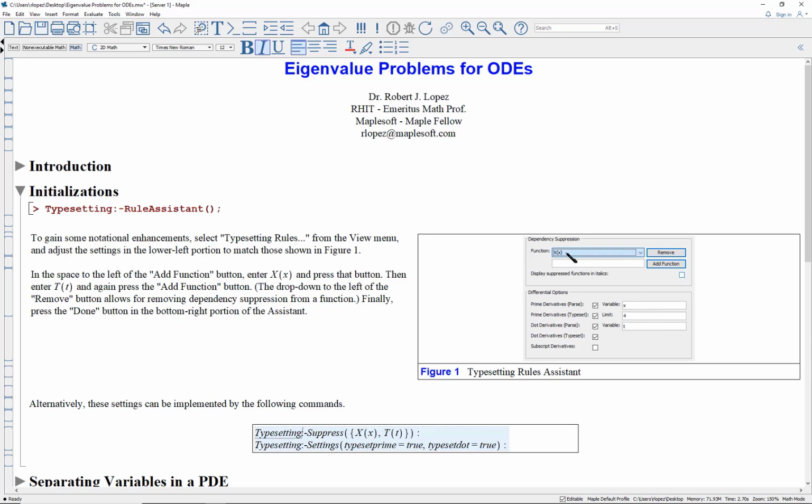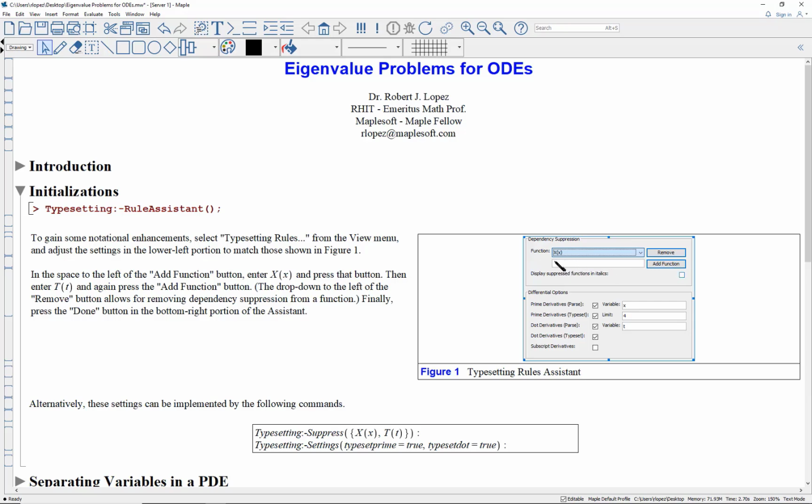What I want is x of x and t of t to show up as just an x and a t, capital letters. So this is the remove section. This is where you enter stuff. So you would type in x of x, and click add function.